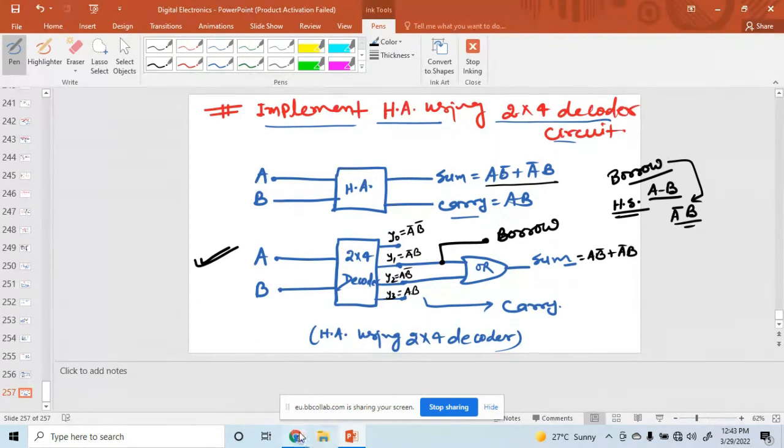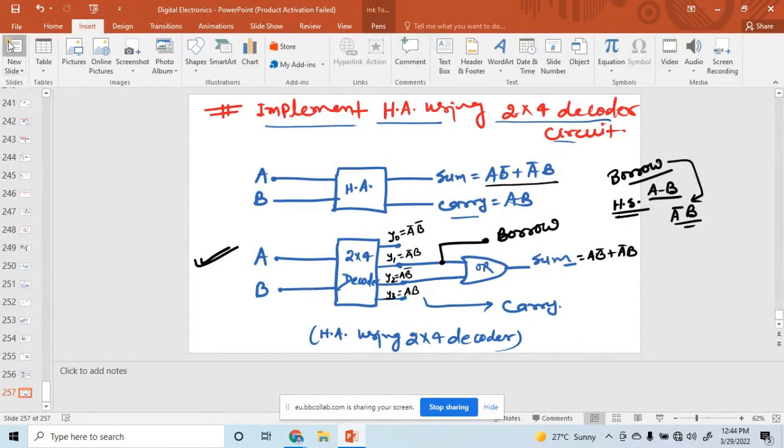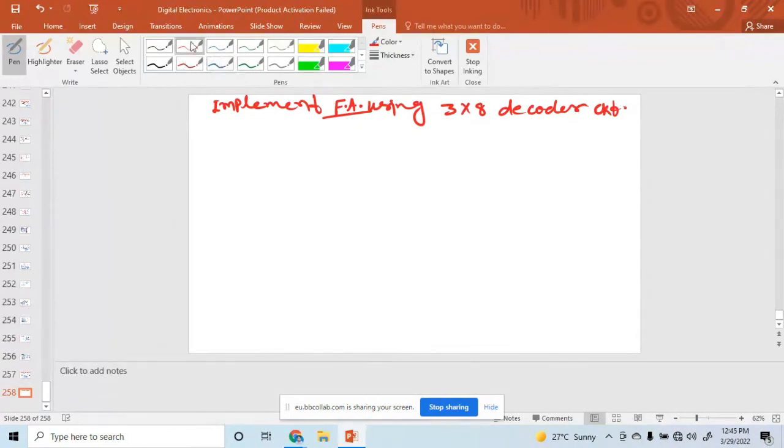If anyone has any doubts, can you implement a full adder or full subtractor using a decoder? Yes. First, draw the expressions, just to see what the full adder is. This is a 3 to 8 decoder. How many inputs?